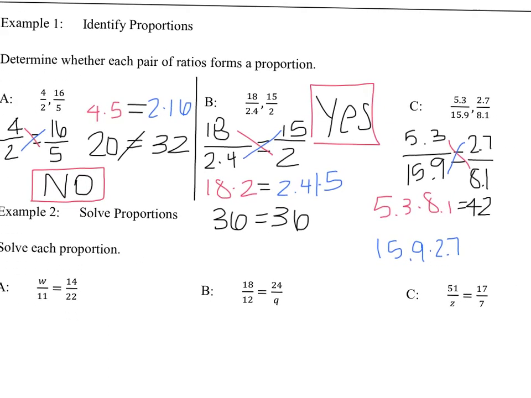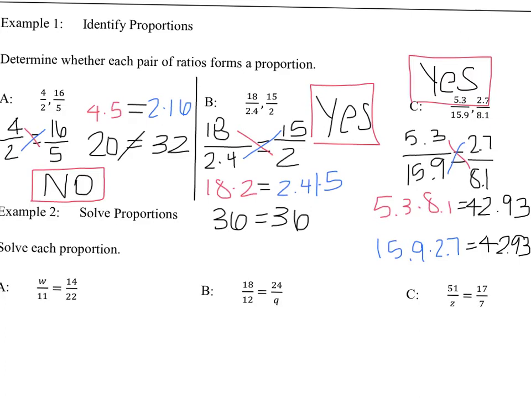And this is also 42.93. So C is yes. They are equal. So if you are asked to determine if the ratios form a proportion, all you need to do is set them equal, do your cross multiplying, and if both sides are equal, then your answer is yes. If they are not, your answer is no.